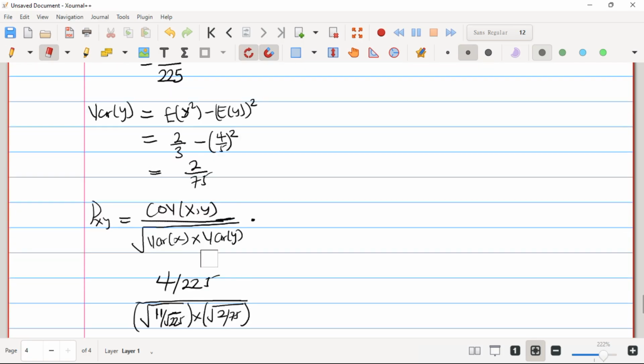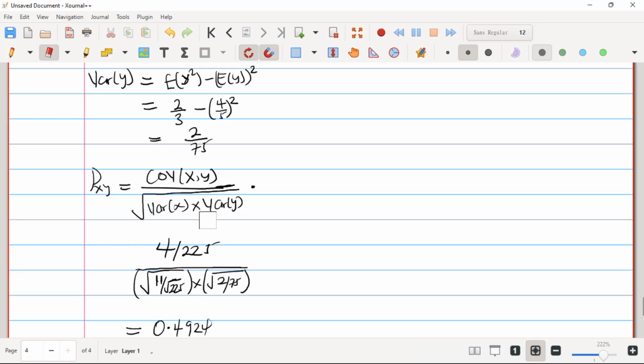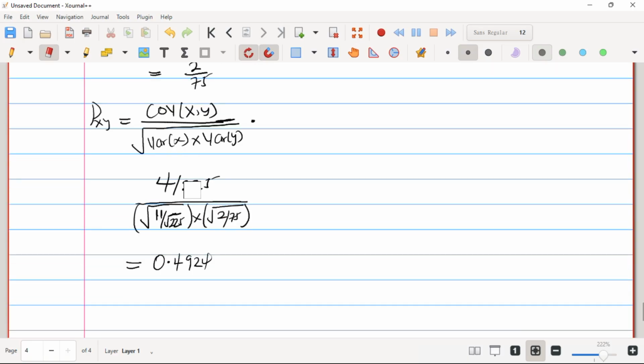Once we have this, we know our covariance for x and y, and we know our variance for x and variance of y. So we are just going to put them into this formula, and once we do that, we get our final answer to be 0.4925, and this one lies between -1 and 1. So we can say that this is a concrete result for the correlation coefficient.